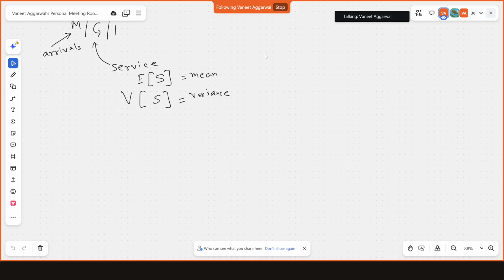For exponential, I think variance is 1 over mu square. Second moment was 2 upon mu square, so variance became 1 over mu square. And this 1 means there is only one server. Any questions on the notation?